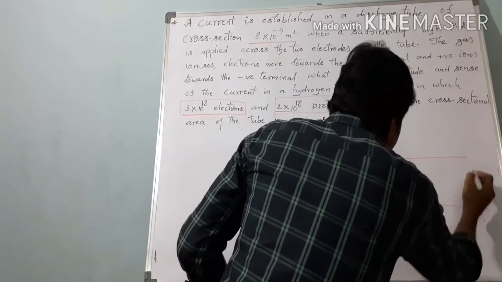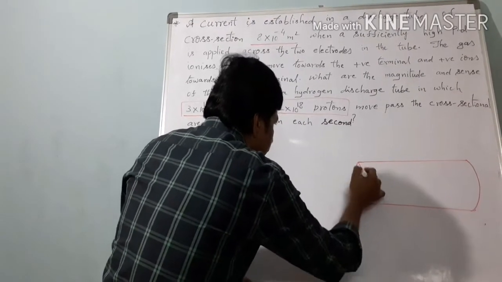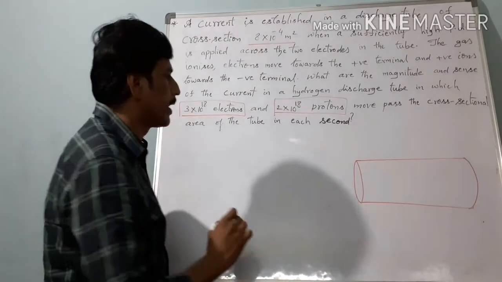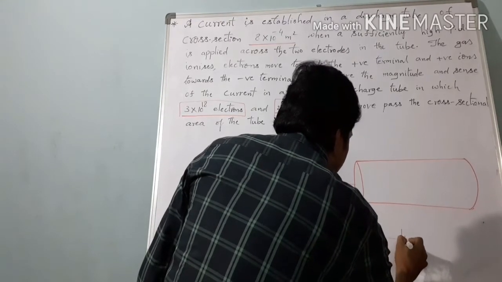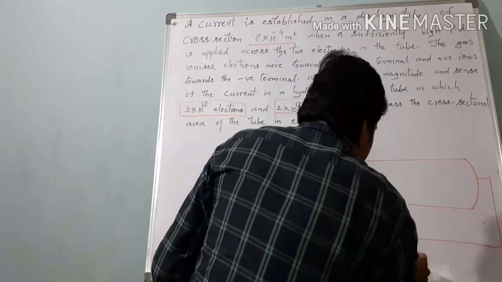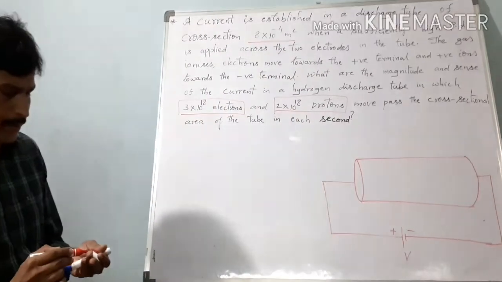This is a discharge tube which is connected to a battery. A potential difference V is applied. This is the positive terminal and negative terminal.